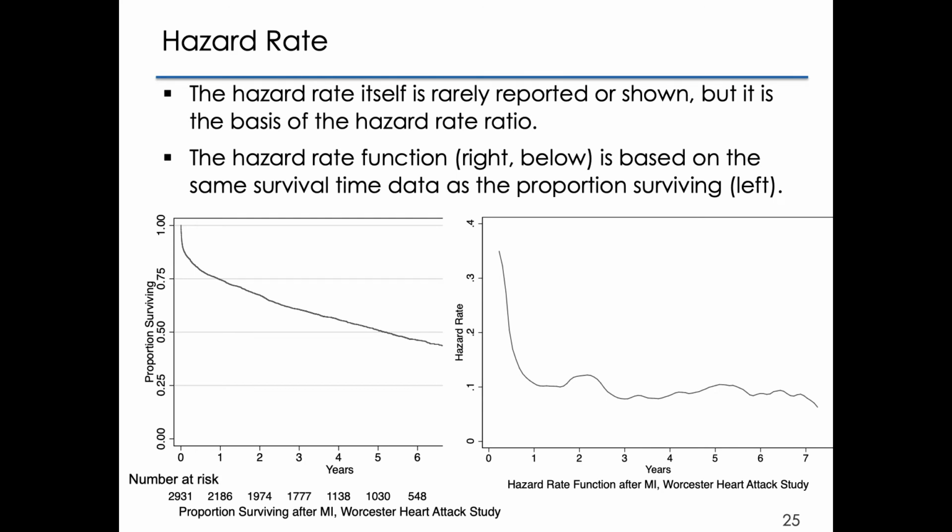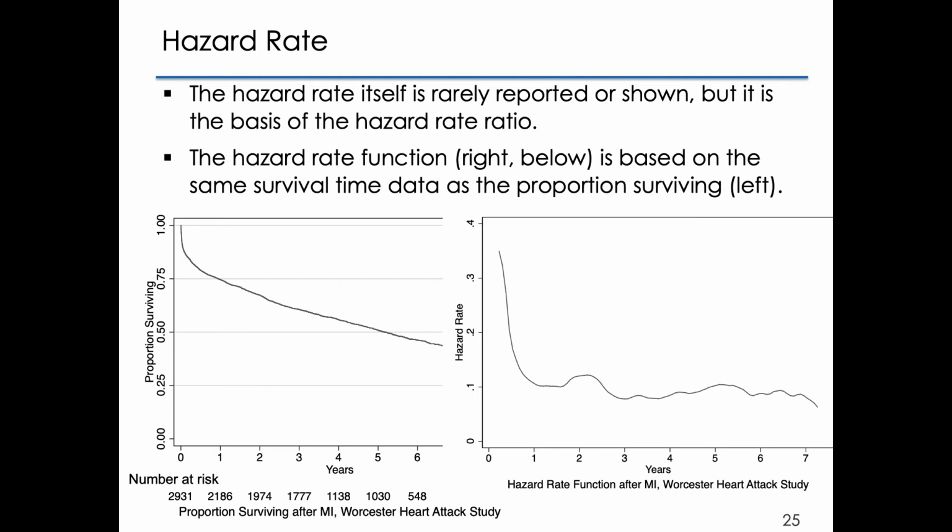So going back to the hazard rate. The hazard rate itself is rarely reported or shown, but it is the basis of the hazard rate ratio. So the hazard rate function is shown at the right below. It is based on the same survival time data as the proportion surviving or the Kaplan-Meier calculation on the left.